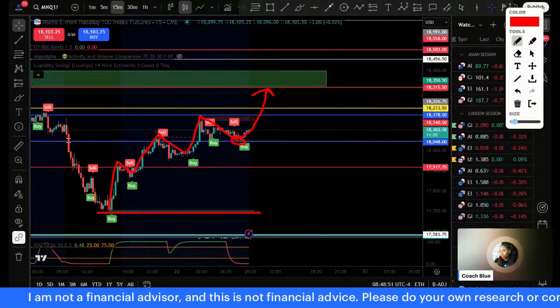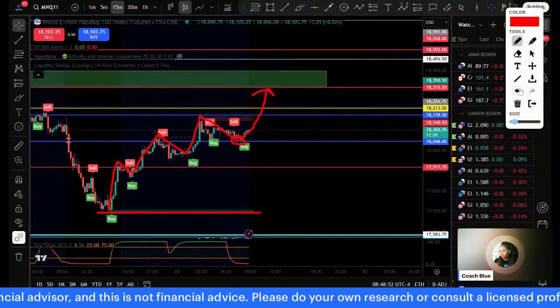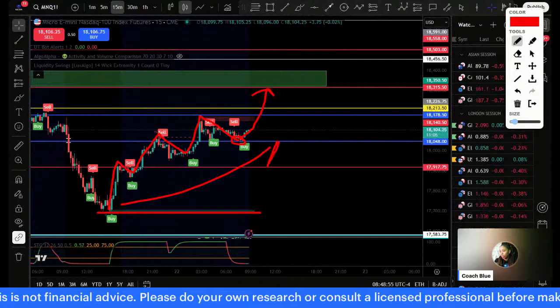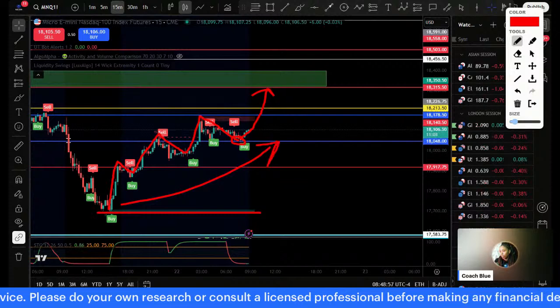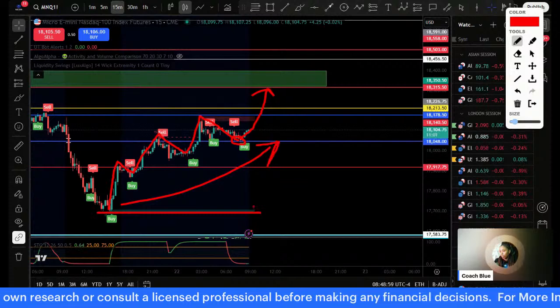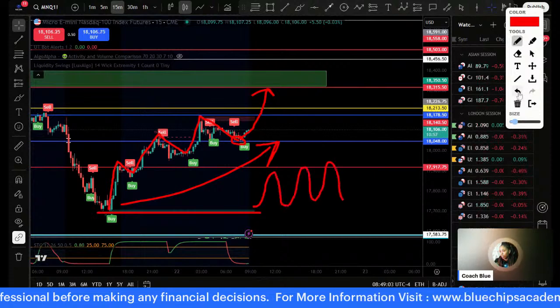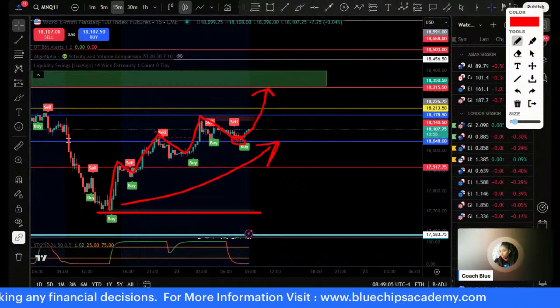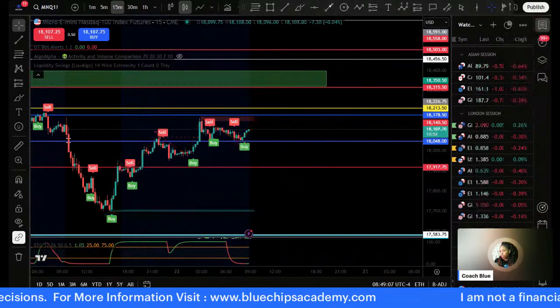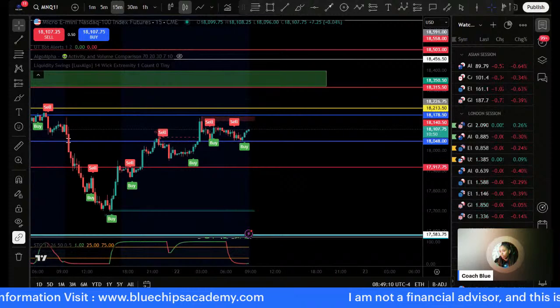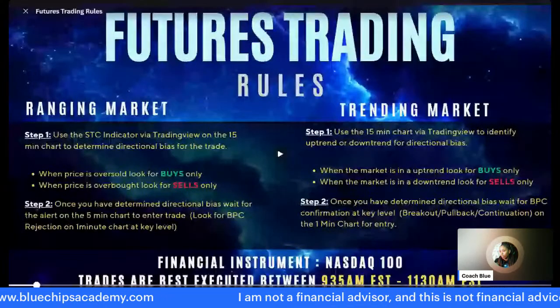Possibly. We'll see. Right now we're in a little uptrend. We're in an uptrend because we know if it was ranging, it would be moving side to side. But it's moving up to the upside. So let's go look at the trending market rules, and let's see what those rules are.